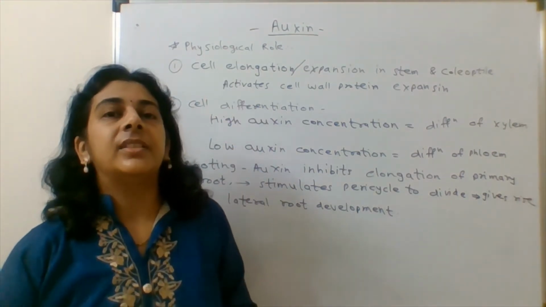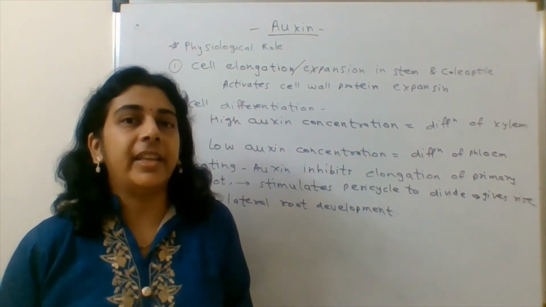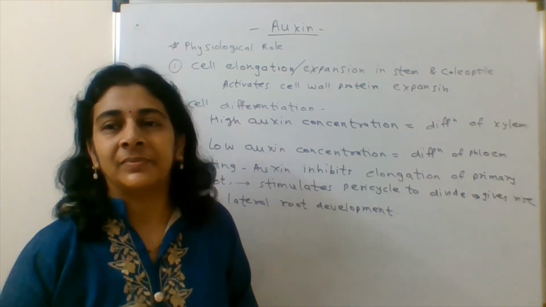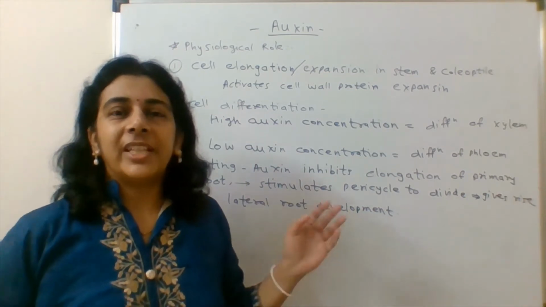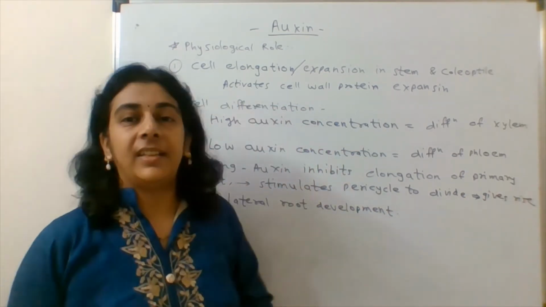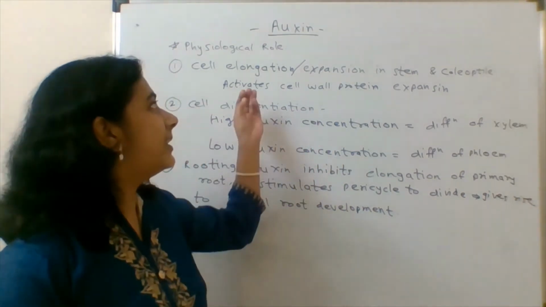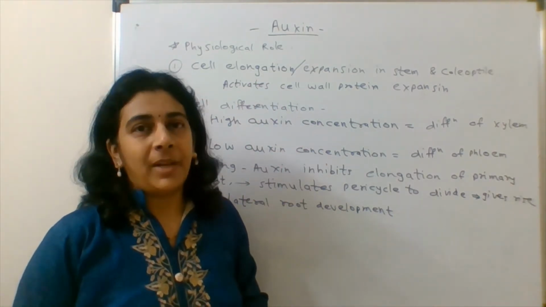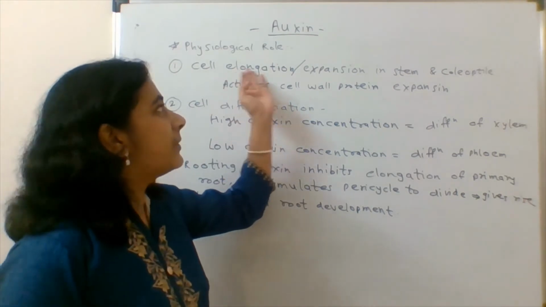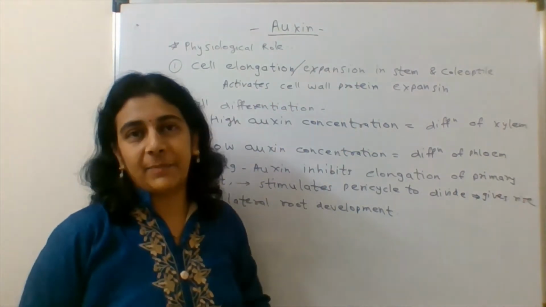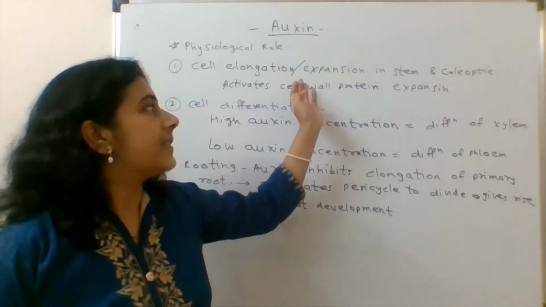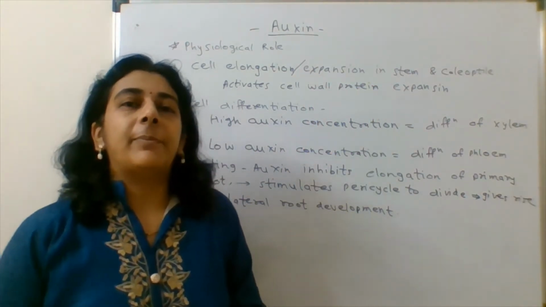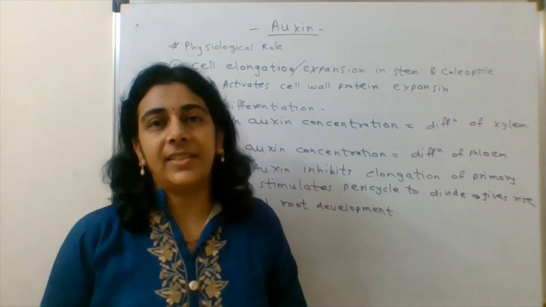So let's have the idea about what are the physiological functions of the auxin. This auxin is secreted by the apical cells, which are the cells found in the apex of the plant body, and that is involved in cell elongation and expansion. So this functions in stem and coleoptile. What happens actually when this auxin is secreted?